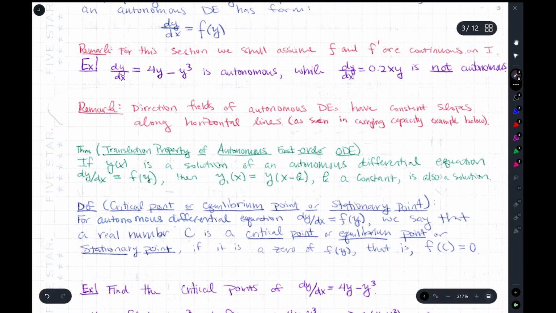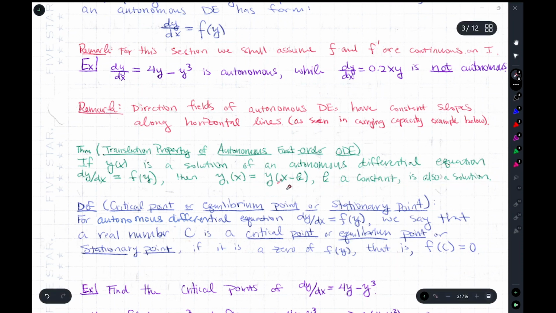So let's look at this theorem here, the translation property of autonomous first-order ordinary differential equations. If y of x is a solution of an autonomous differential equation that you see here, then y1 of x, okay, just another way to label a solution, so we just put a subscript of 1, equal to y of x minus k, where k is a constant, is also a solution.